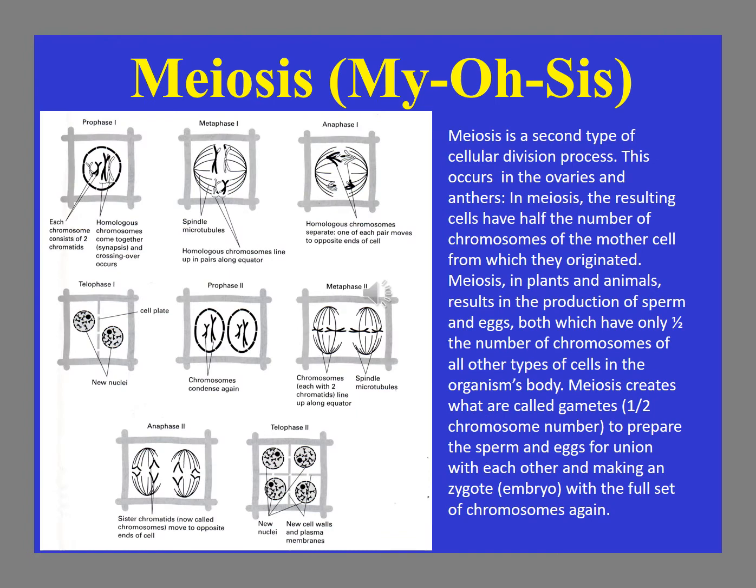So earlier I mentioned there are two types of cell division. One is mitosis, where cells are making exact duplicate copies of themselves. That's mitosis. The other cell division process is called meiosis.